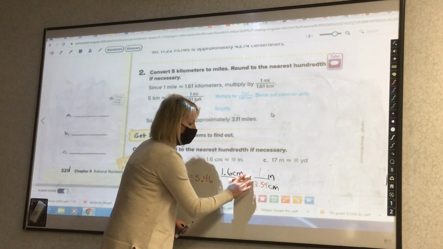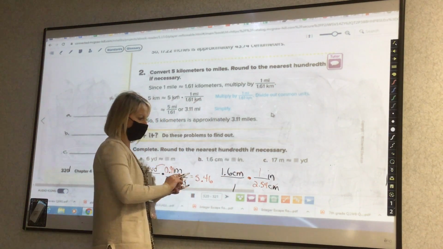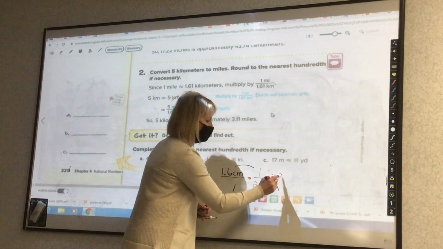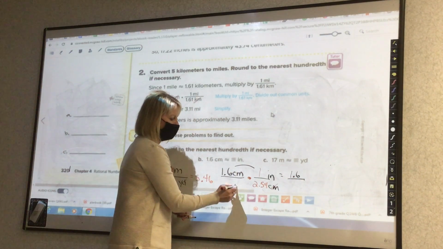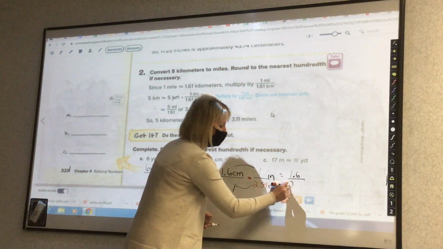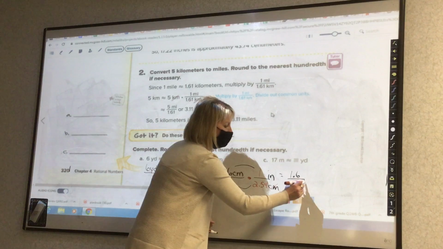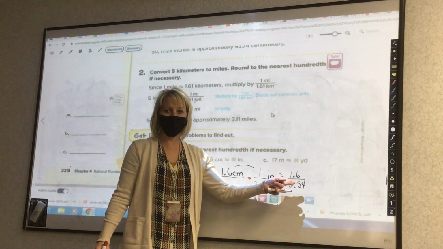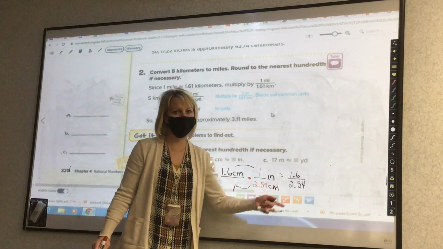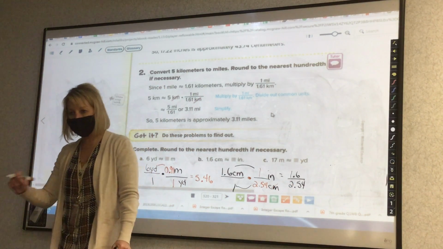This is multiplying, so I do 1.6 times 1, so that's 1.6 over 1 times 2.54. So then it's 1 and 6 tenths divided by 2 and 54 hundredths. Did you guys write this down?